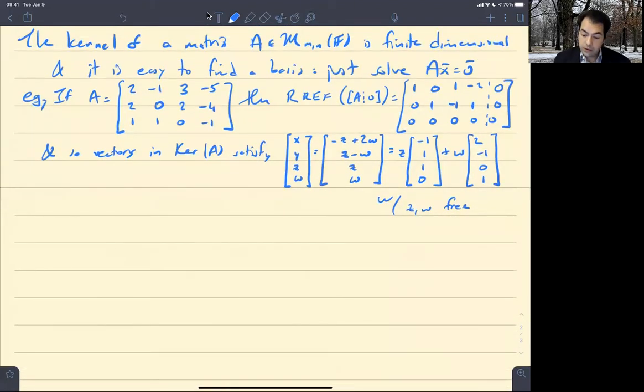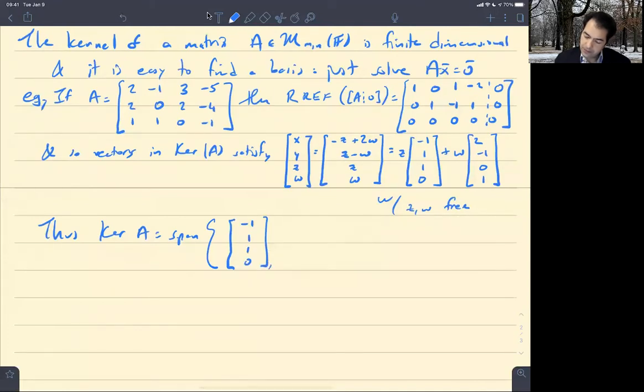This is a spanning set for the kernel, right? And in fact, it is a basis. So here I'll write. Thus, the kernel of A is the span of these two vectors, minus 1, 1, 1, 0, and 2, minus 1, 0, 1.